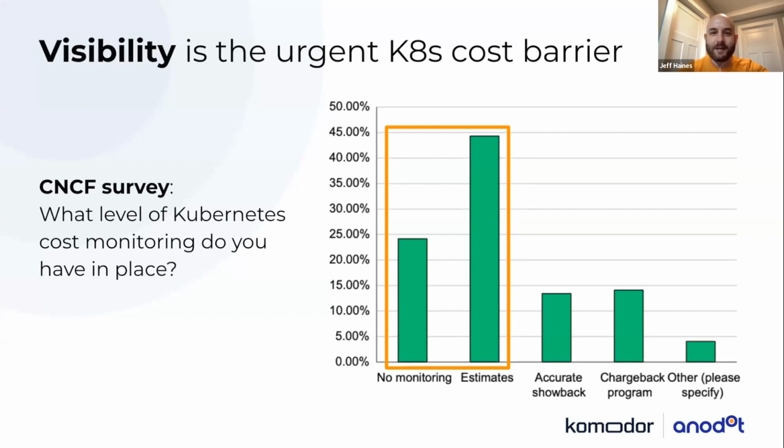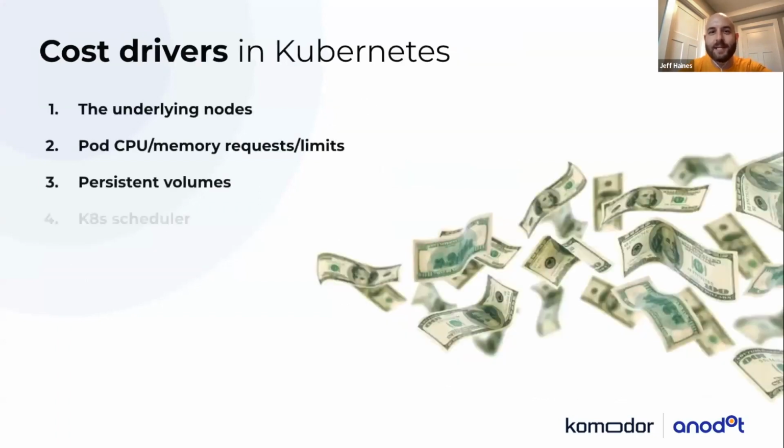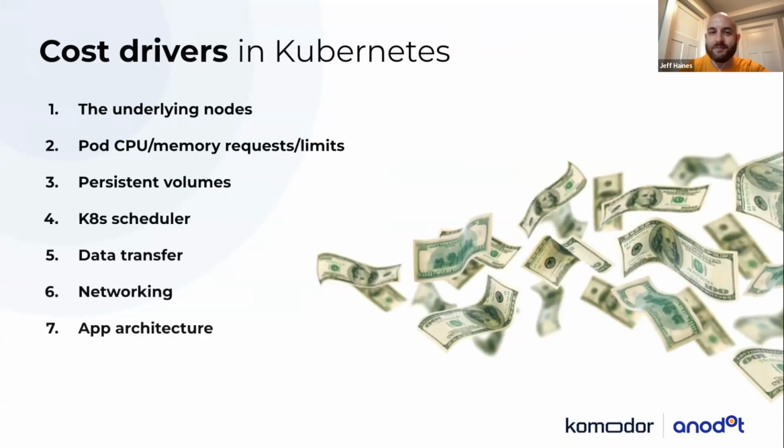get visibility into them. So let's understand what aspects of Kubernetes are driving costs so we can begin to better build organizational visibility. There's 7 primary Kubernetes cost drivers: your underlying nodes, the cost impact of how you configure CPU and memory requests and limits for each pod, mismatch between ephemeral pods and persistent storage volumes, the impact of the Kubernetes scheduler, data transfer costs, networking costs, and costs incurred by how you architect your applications.